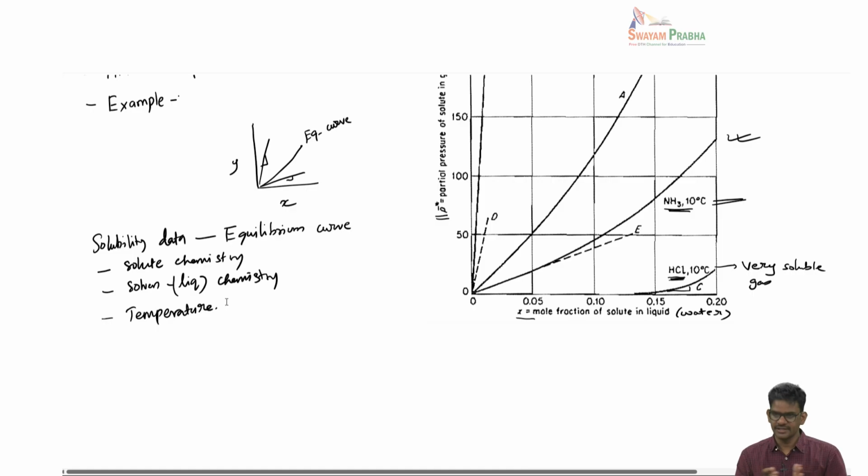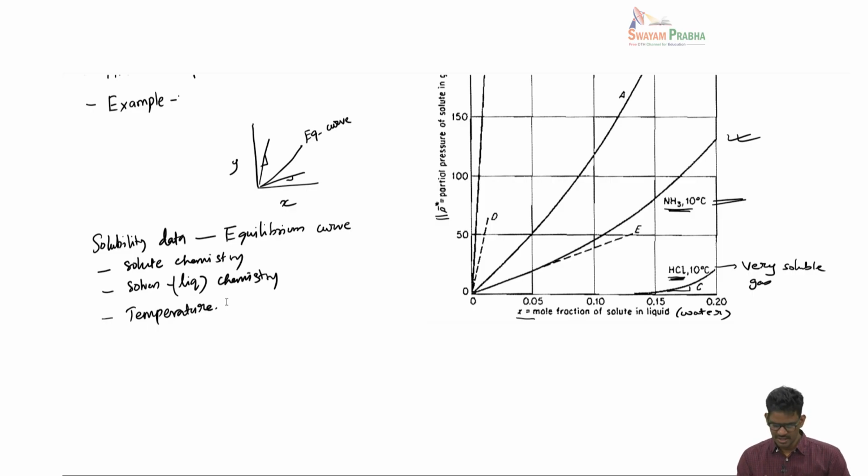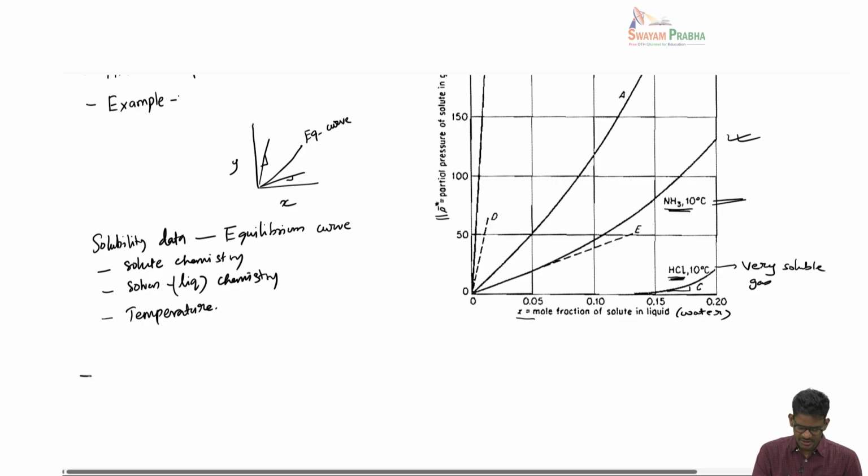You learned how to calculate these equilibrium curves. Now, you can use the VLE calculation methods to calculate the solubility, but there are some very simple models we can use for solubility predictions. One such is Raoult's law.